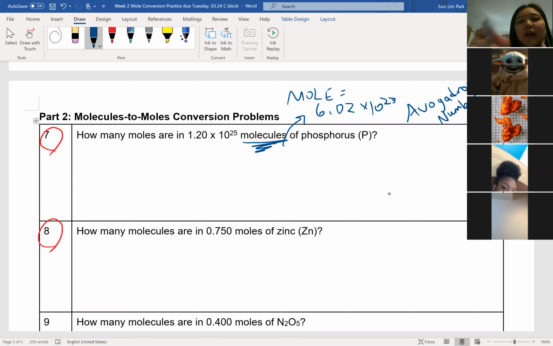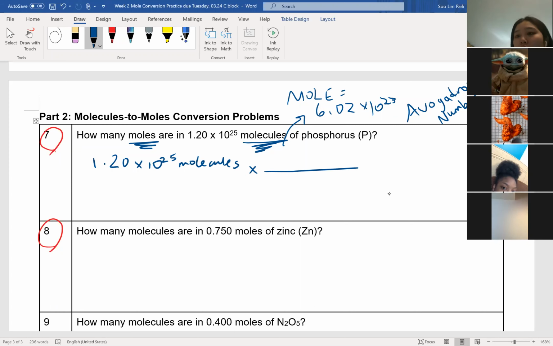So here we're given 1.2 times 10 to the 25 molecules. And we're solving for moles. So we're converting molecules to moles. So where do I put the Avogadro's number? On top of the fraction or bottom? Bottom?